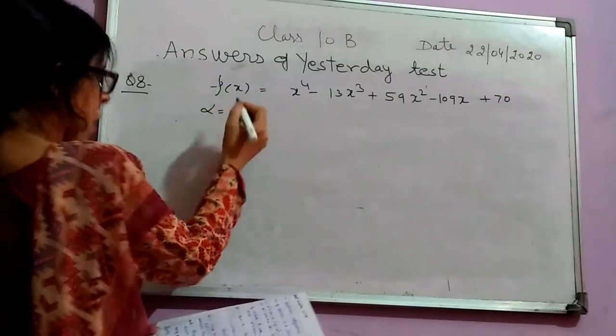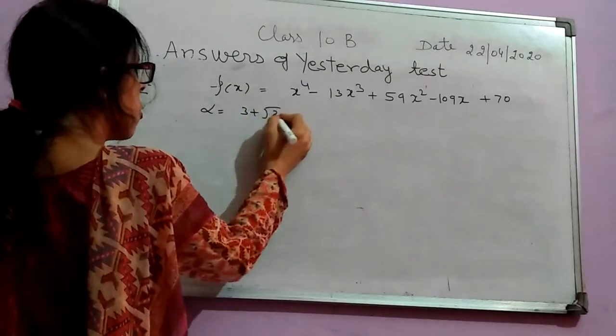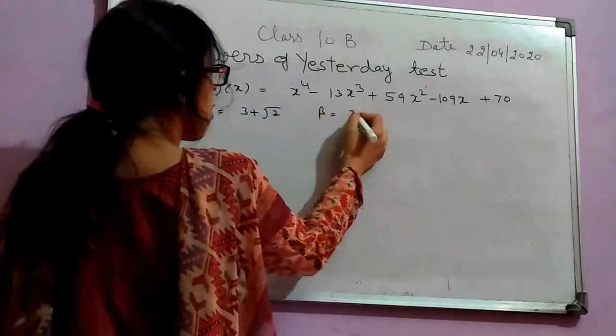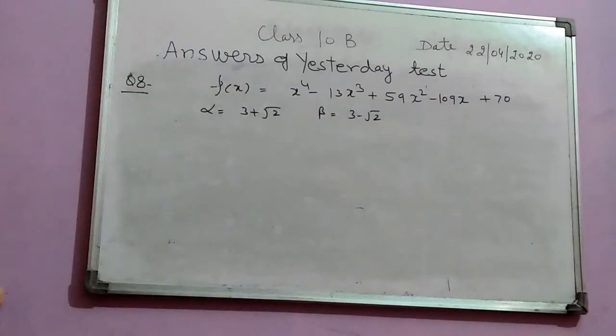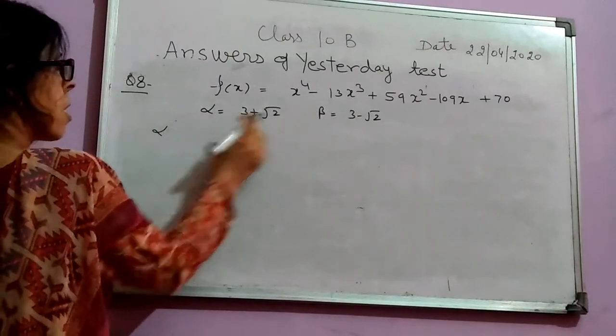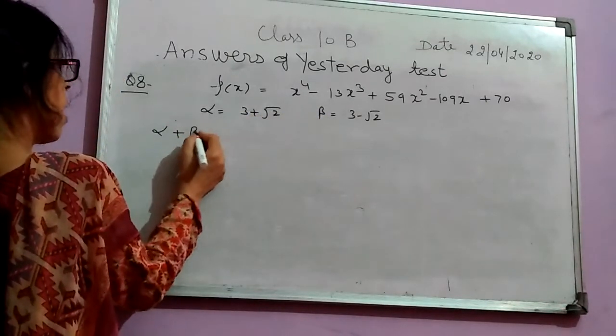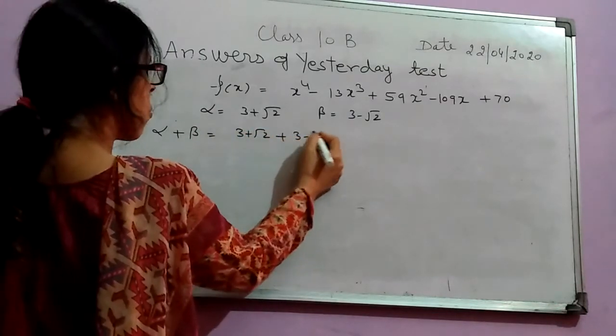I say one zero alpha is 3 plus root 2 and the second zero is 3 minus root 2. For finding the polynomial of the given zeros, first you have to find the sum of zeros, alpha plus beta. It is 3 plus root 2 plus 3 minus root 2.